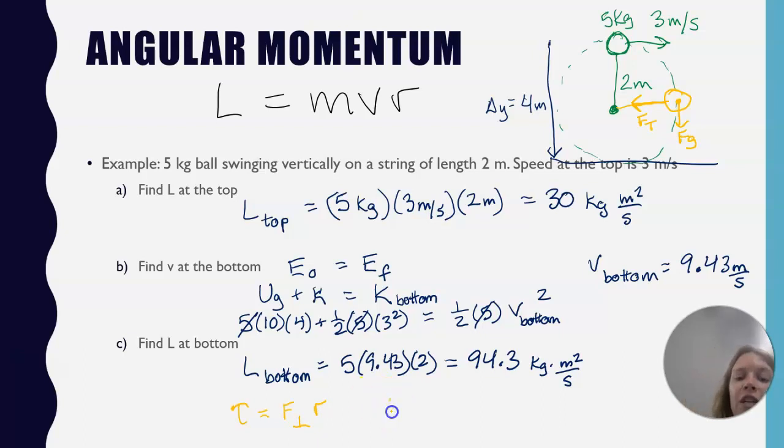And so Fg exerts a torque on the ball as it goes from the top to the bottom, and that changes the angular momentum of the ball.